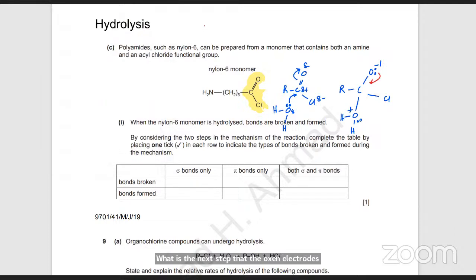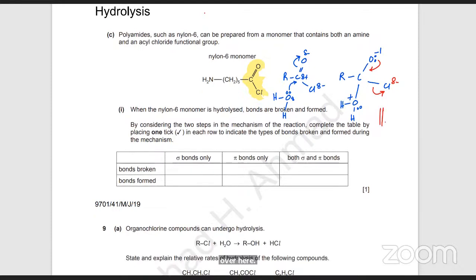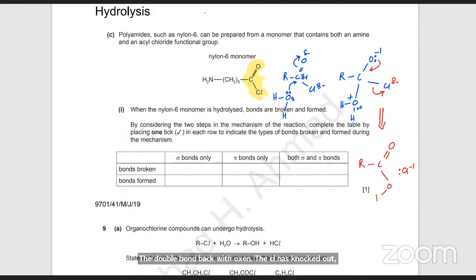The double bond is reformed, and the slight negative Cl takes away electrons from the bond. So the carbon forms the double bond back with oxygen, the Cl is knocked out, and your water is still attached, but it's positively charged. It's short of 1 electron. Okay, last step.